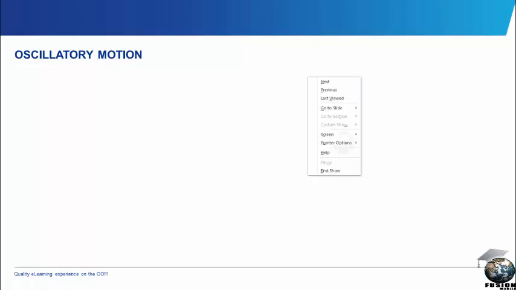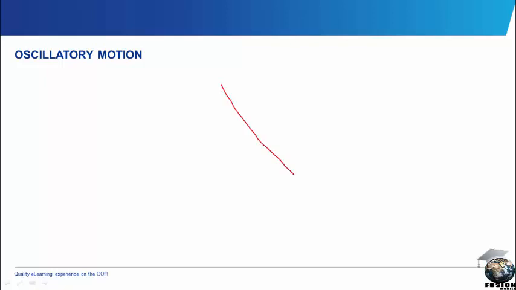This is the to and fro movement of a body about a fixed point. By to and fro, if we consider this to be a fixed point, and this is a thread at this point, and from this point it makes a movement to this point, this particular way is considered maybe to, and when it's returning back we consider it as fro.